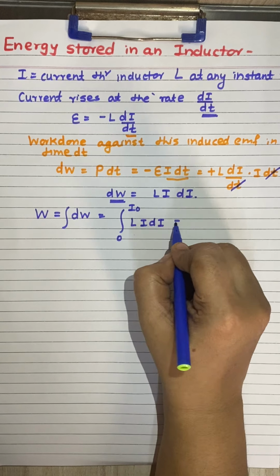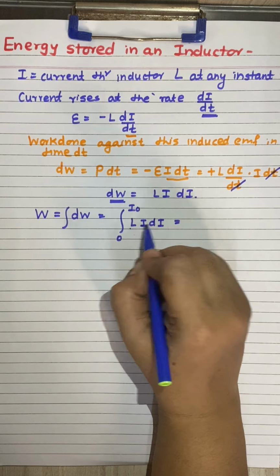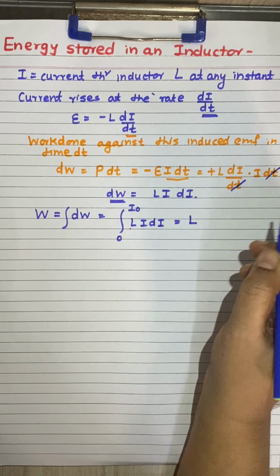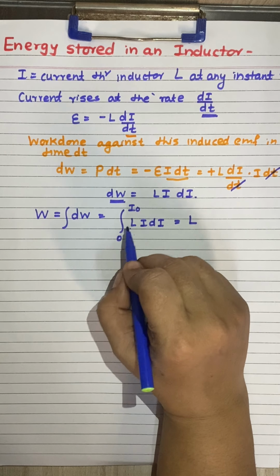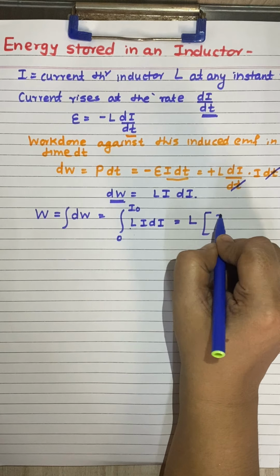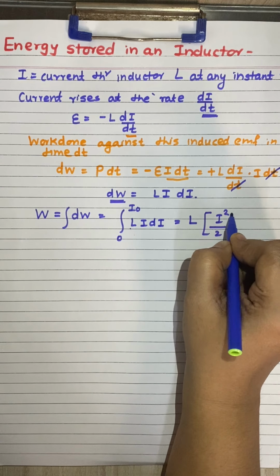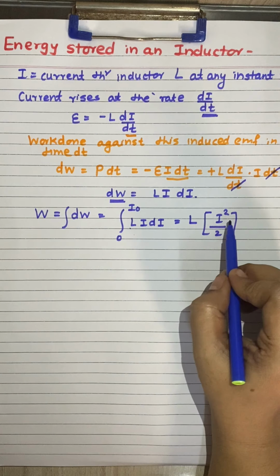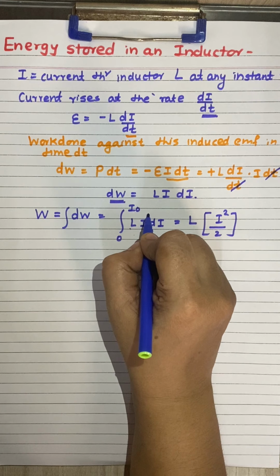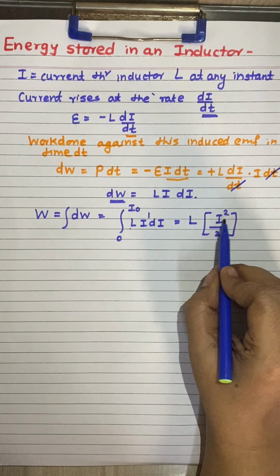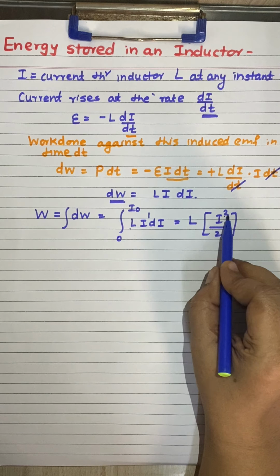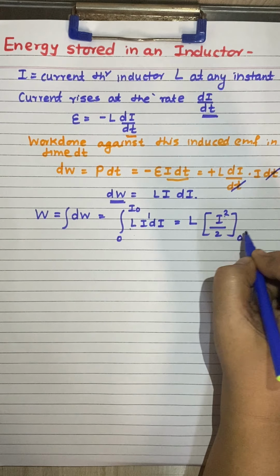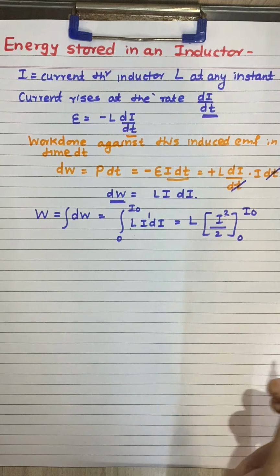L is the inductance of the coil, a fixed value, so L I goes outside, and the integration of I di from 0 to I naught is I square by 2, using x raised to n plus 1 upon n plus 1, with I raised to 1 giving I raised to 1 plus 1 upon 1 plus 1, that is I square by 2. Now I will apply the limit from 0 to I naught.